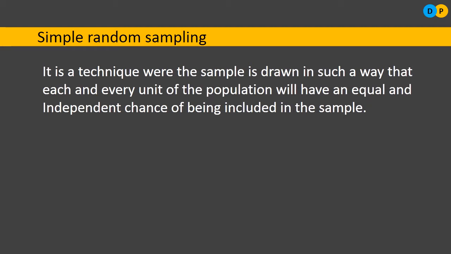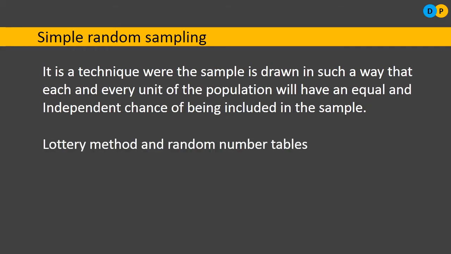To choose a sample in this way, there are two methods we can follow. The first method is referred to as the lottery method, and the other is random number tables. Let us say you want to come up with a newer product in the market.